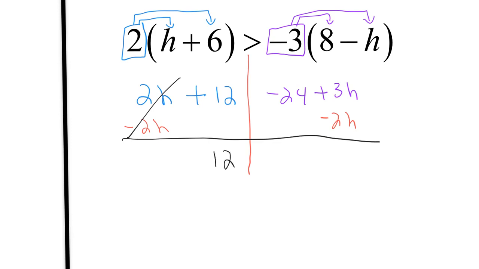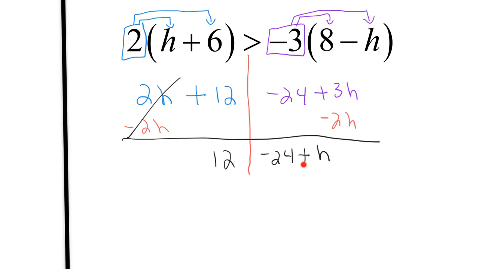We don't need that plus sign. It's just a number. We do have the negative 24 over here, so you do need the negative, so you bring it down. And you combine the h, 3 minus 2. That's 1, plus 1h. Remember, we don't need that 1 next to the variable, so it's just h. And it's positive because the biggest number is positive. The 3 is bigger than the minus 2.